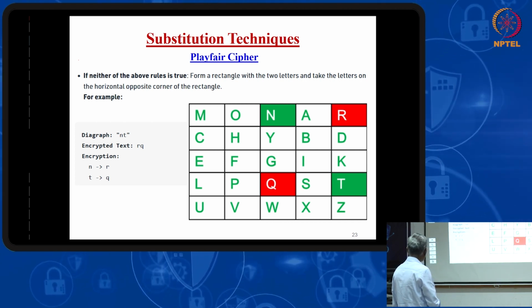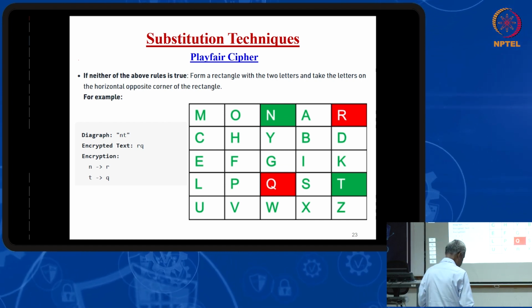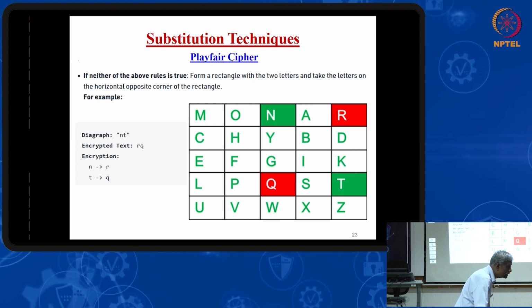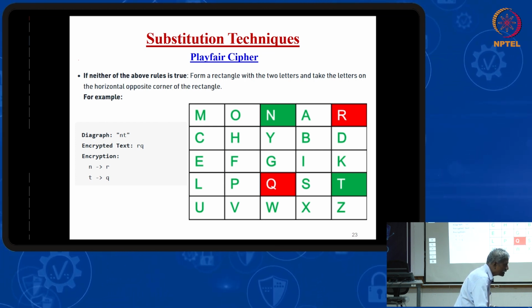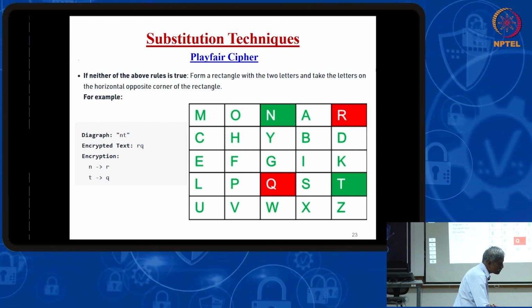So N T is converted to R Q. We can take any key, even a little bit letter, no problem.